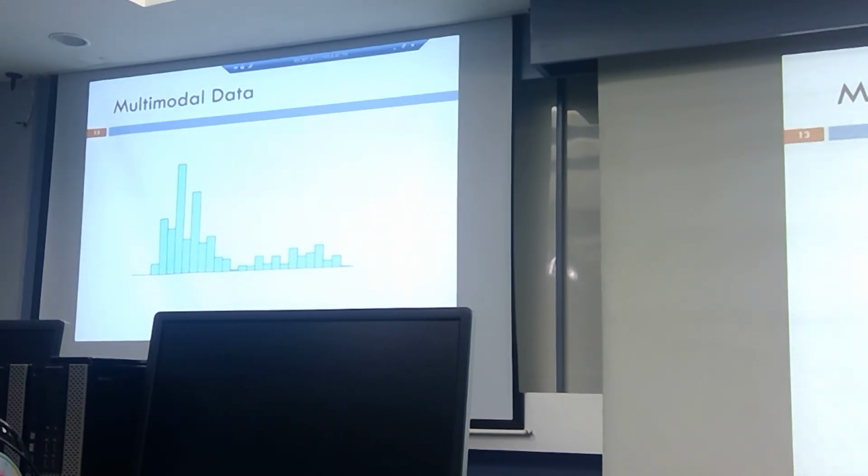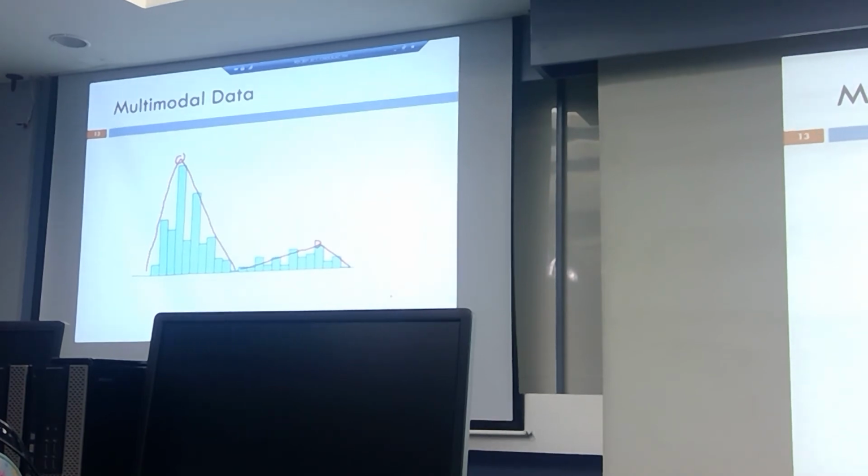For example, if you take a look at this data, you will see that there are two high points, and the data doesn't seem to belong together, right? So if you try to fit a distribution to this whole data, you will never get anything. There's no way, right? So if you see something like this and you suspect that it might be two different types of data, you may try to find a reason why it happened like this.